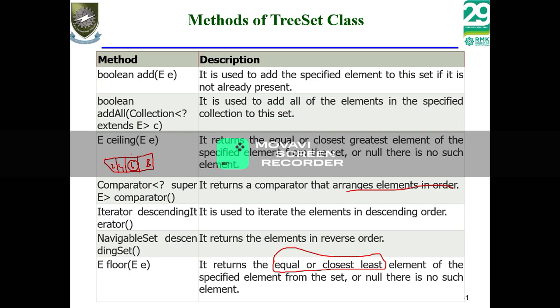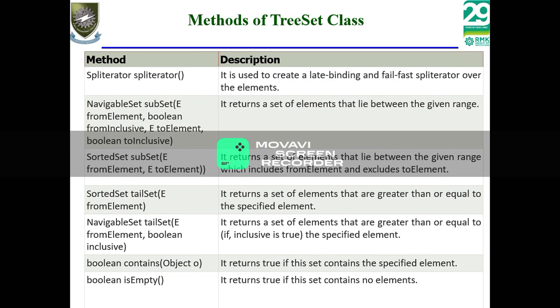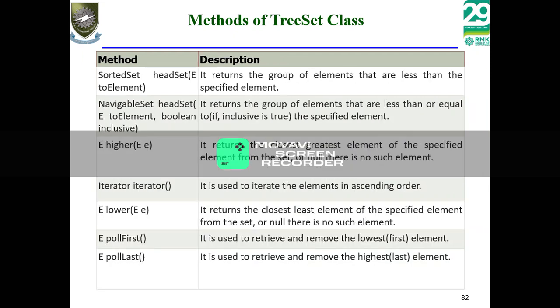Then you have headSet. It's the same previous example. If I specify 6 as my element, the headSet is 2 and 4. The tailSet is 8.